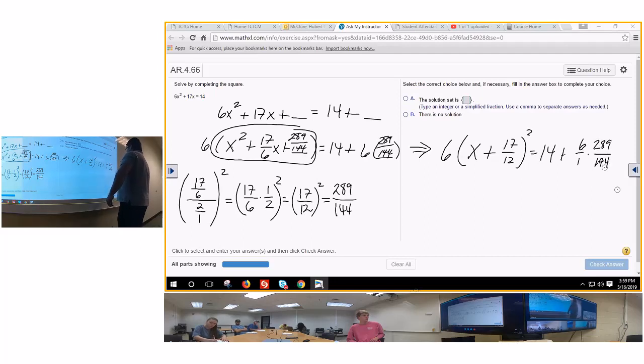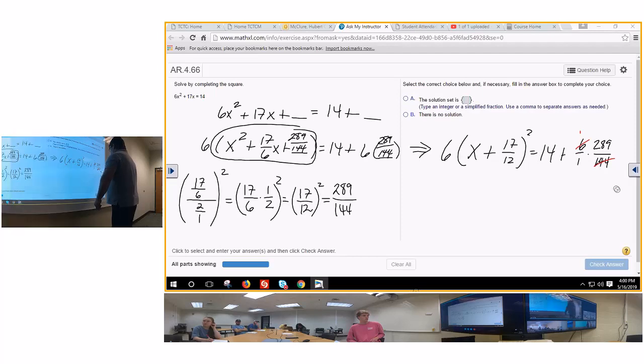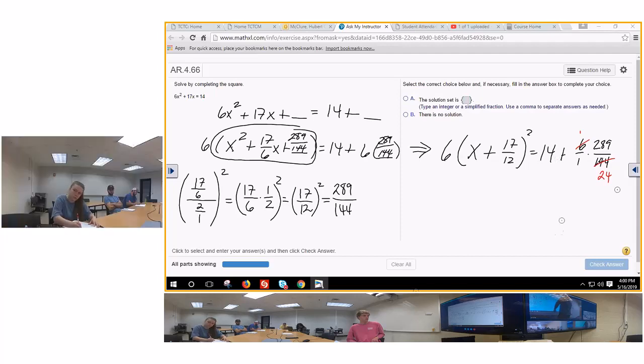Well, I know that 6 will go into 144 because 12 will go into 144. So, how many times will 6 go into 144? 24. Yes. Thank you. And then that's going to change. What's 24 times 14? 336. So let's change that to 336 over 24.